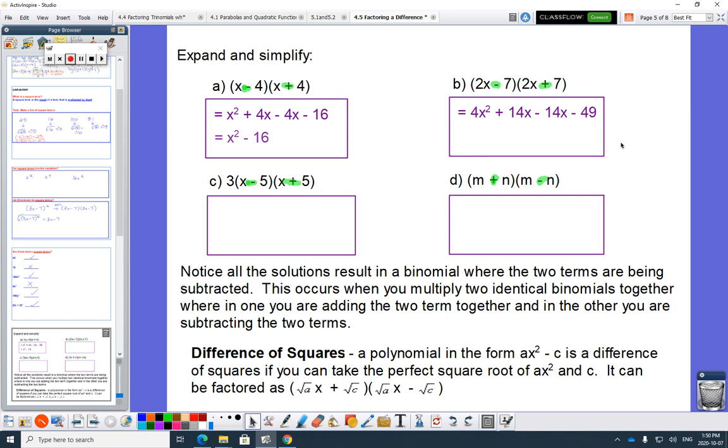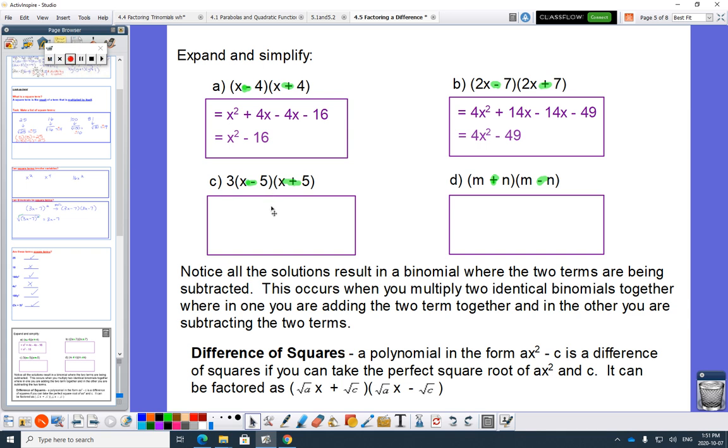And then you have negative 7 times positive 7, which is negative 49. So positive 14x and negative 14x cancel out, and you're left with 4x squared minus 49. So the square root of 4x squared is 2x, the square root of 49 is negative 7, positive 7.